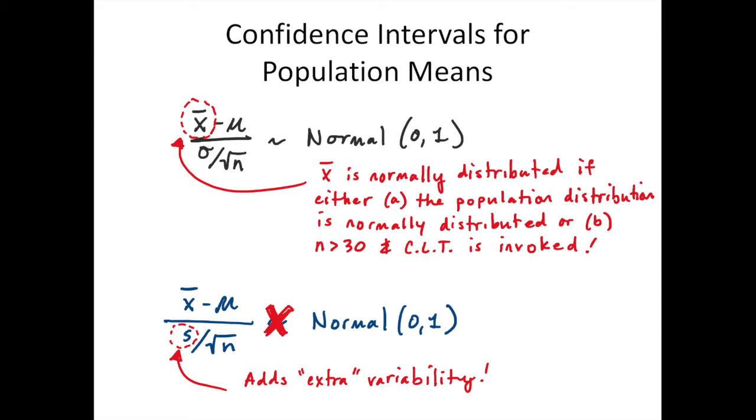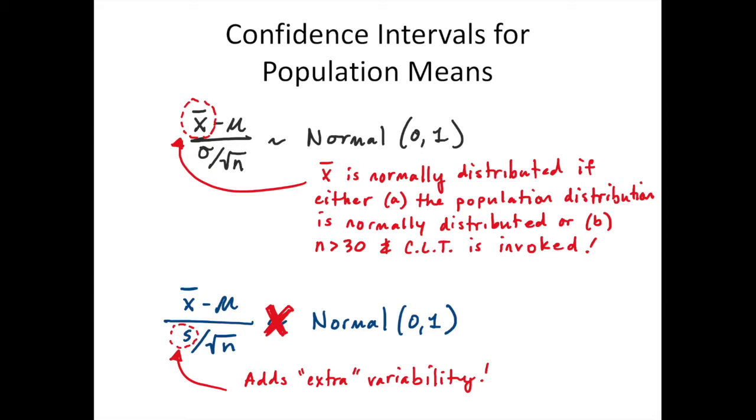That standardized random variable will be normally distributed with mean 0, standard deviation 1, if x bar starts out being normally distributed. And that holds either if the population distribution is normally distributed or if we've invoked the central limit theorem.